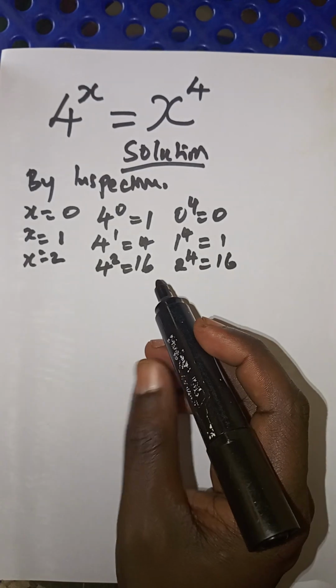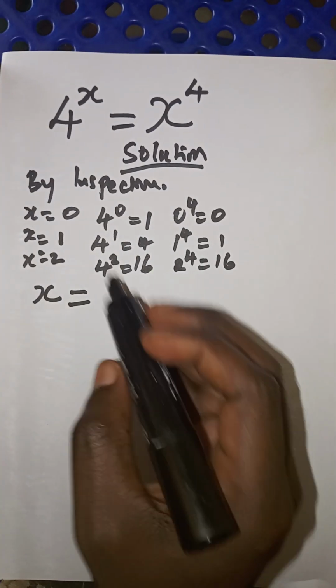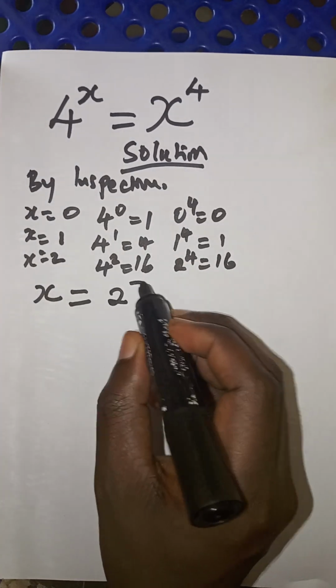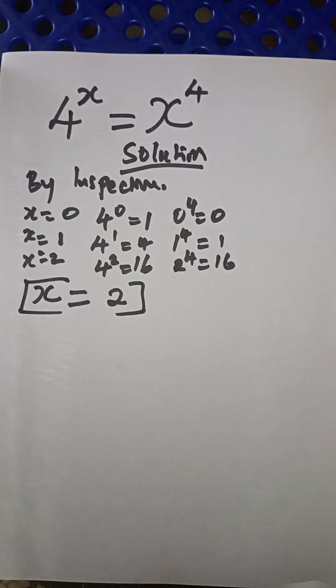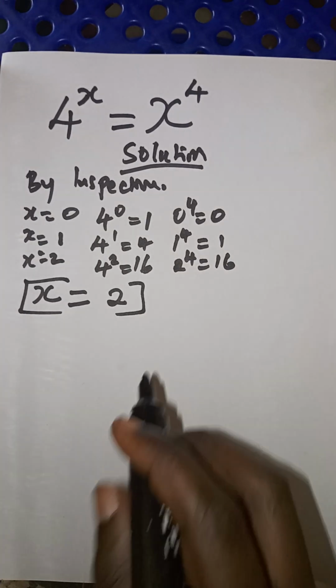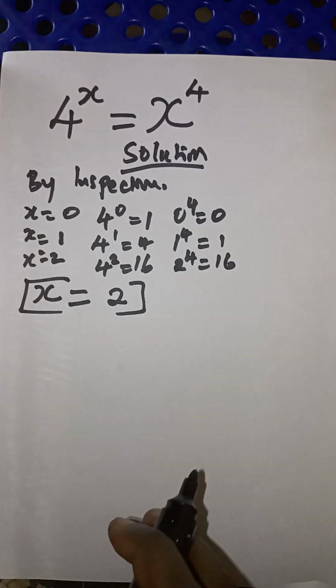So we have found that the first value of x which satisfies this particular equation is x equals 2. But do you know that we have other values of x which can satisfy this particular equation?